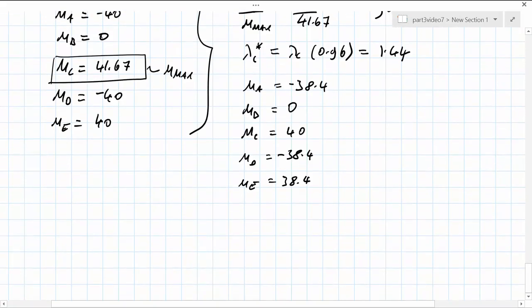We can then say that 1.44, the plastic collapse load factor, is bounded by 1.44 and 1.5.